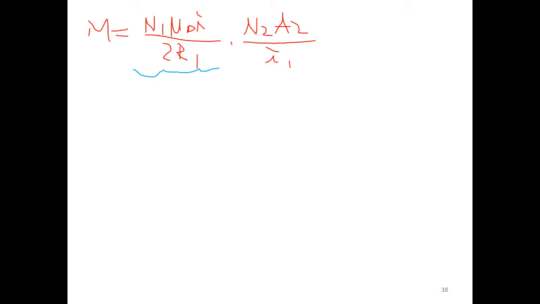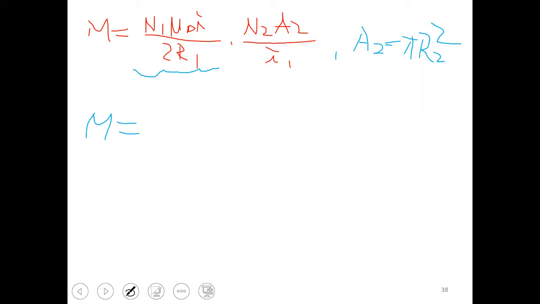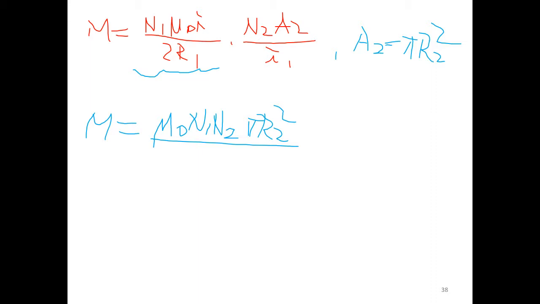And also A2 equals pi R2 squared, because it is a circle. So finally we'll get M equals mu 0 N1 N2 pi R2 squared over 2R1.